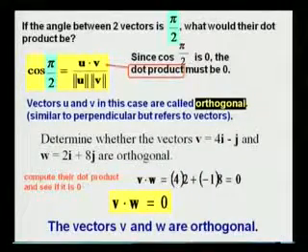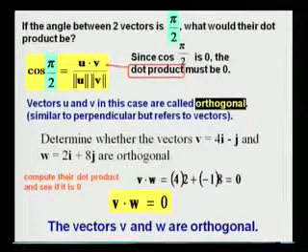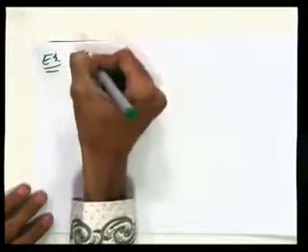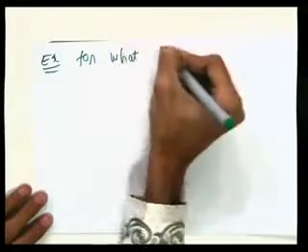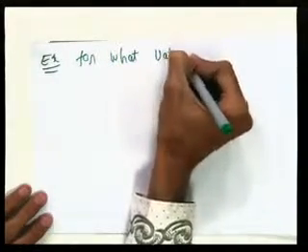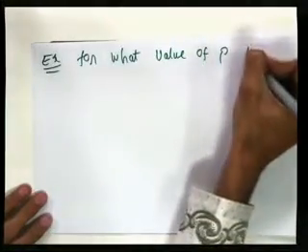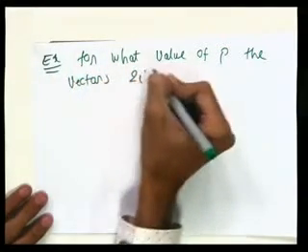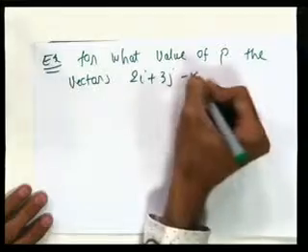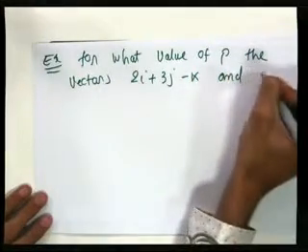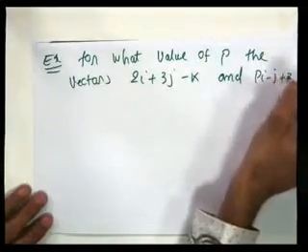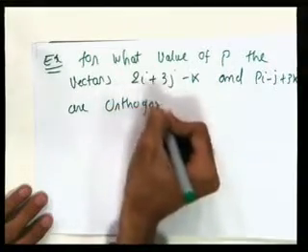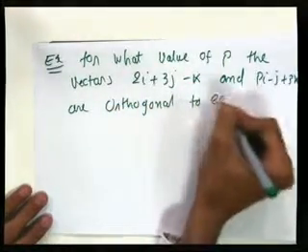If we take practically, then for example, if we ask that for what value of p the vectors 2i plus 3j minus k and pi minus j plus 3k are orthogonal to each other.